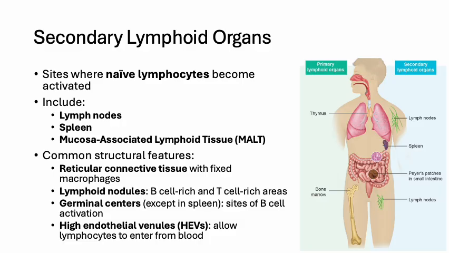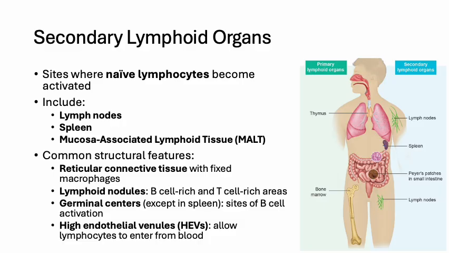In many of these nodules, specifically in the lymph nodes and MALT, these are known as germinal centers, which are the regions where activated B cells rapidly divide and differentiate into plasma cells. The spleen is a notable exception, and does not contain classic germinal centers, but instead has its own organized structure of lymphocyte activation.